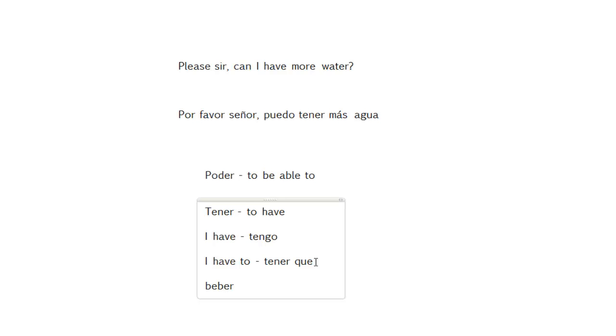Beber. So I have to drink: tengo que beber. Por favor, señor, ¿puedo tener más agua? Tengo que beber. Yeah, I should really put a question mark.